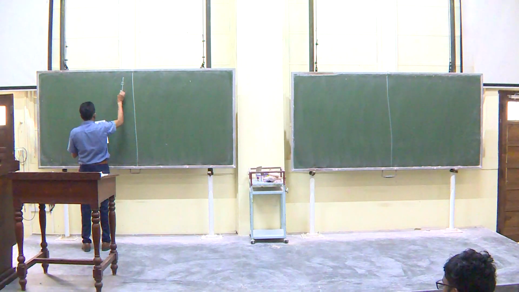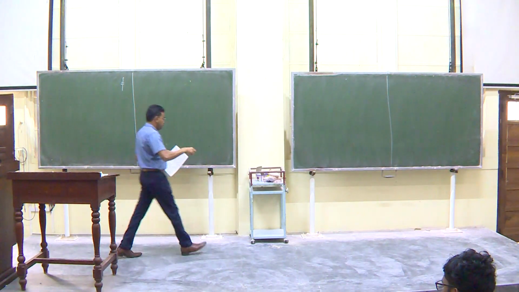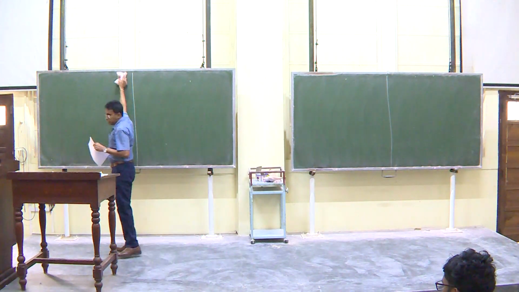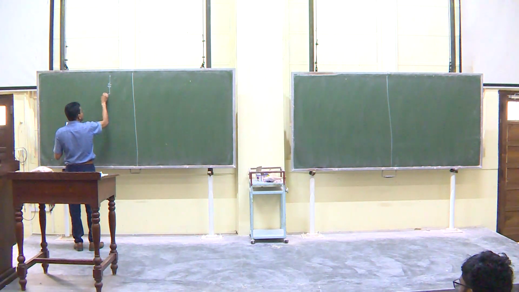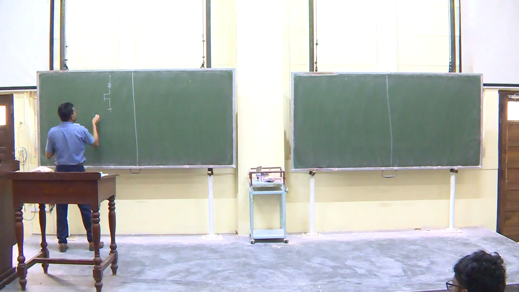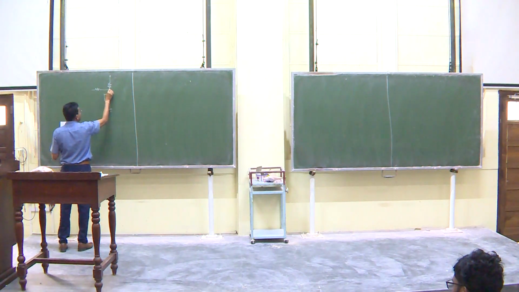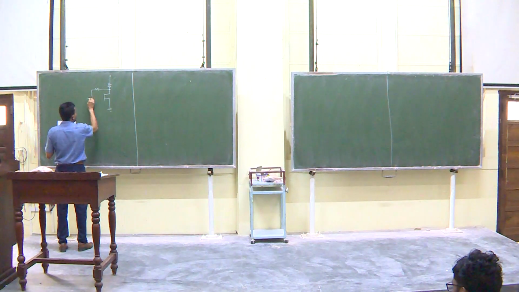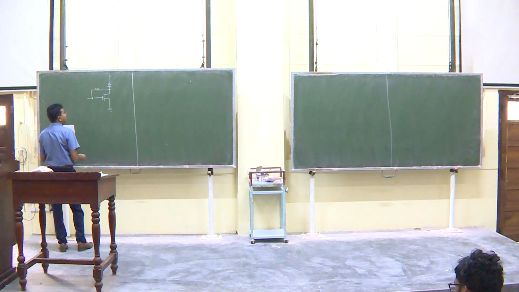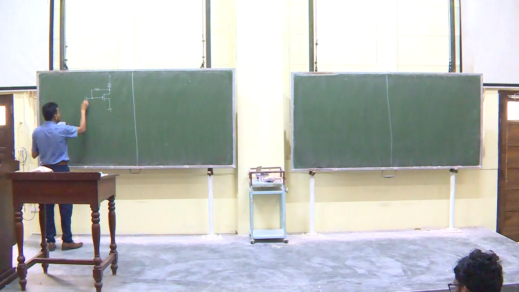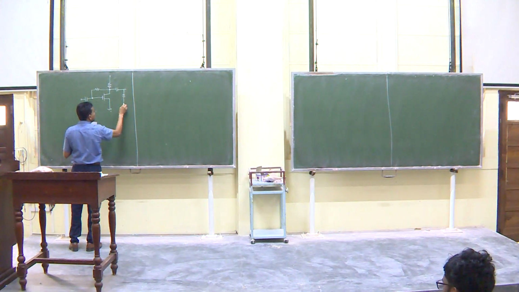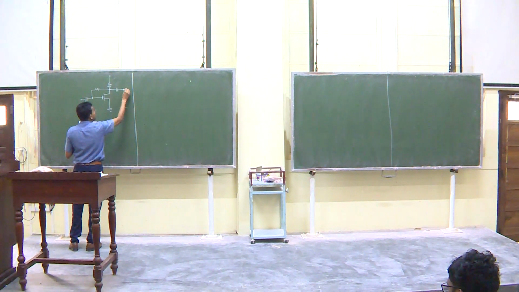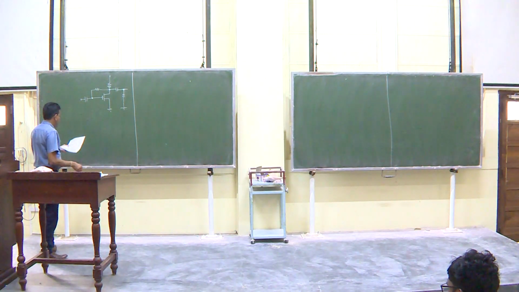So we have a problem like this. A simple MOSFET circuit, but this is a little bit different from what you have been looking at. Here the biasing is done slightly differently, and this is the circuit that you have.